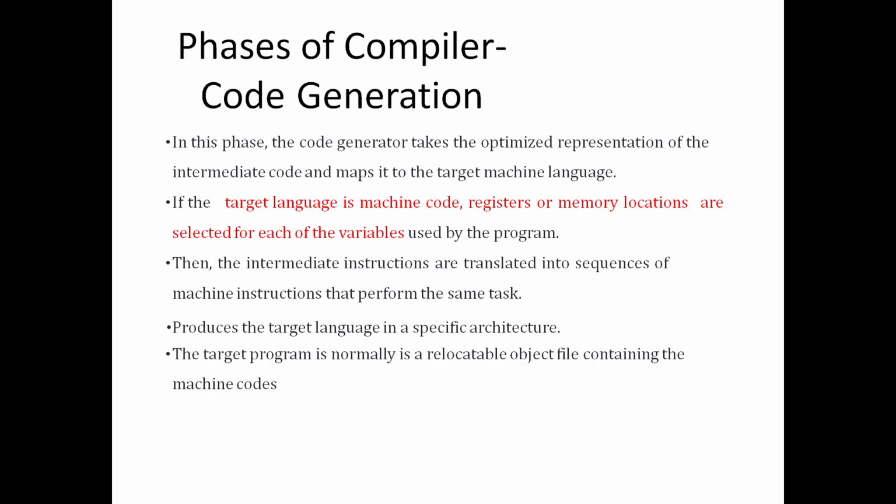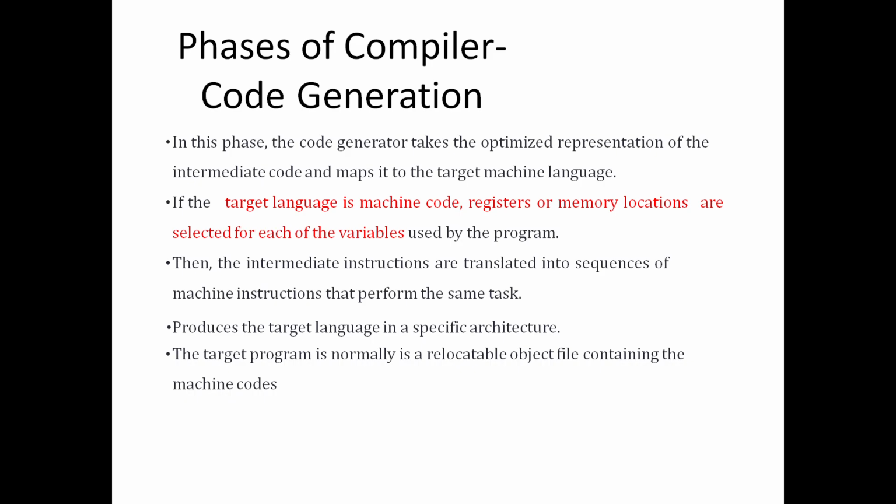And the final phase is code generation. In this phase, the code generator takes the optimized representation of the intermediate code and maps it into target machine language. Whatever optimized code we got from code optimization will be mapped into machine language.